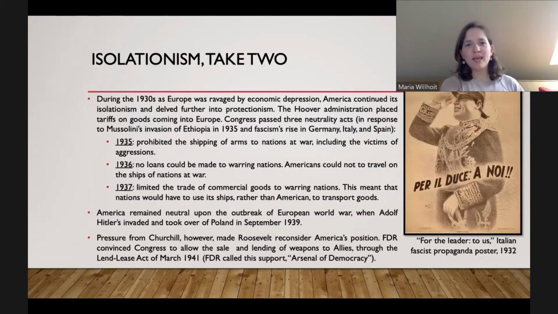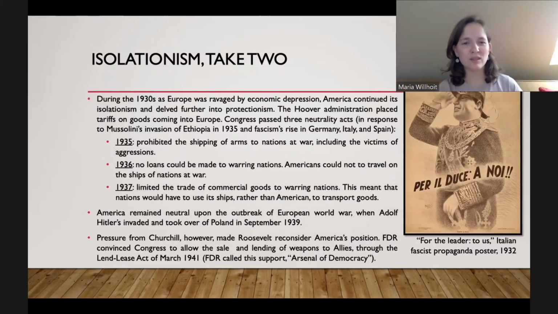Now, just to begin with World War II, I will just say America is still isolationist. Even under Roosevelt, we don't want to get into European affairs. It's not that we don't know about them, but we don't want to get into them. We don't want to create complications. So we continue our isolationism.